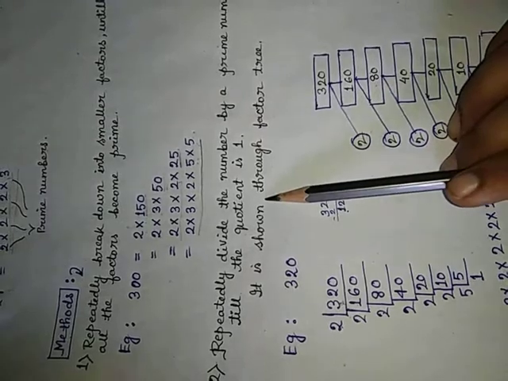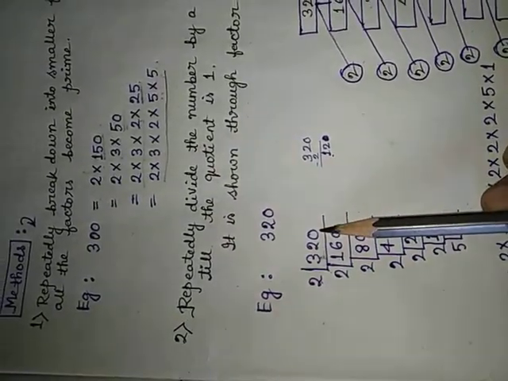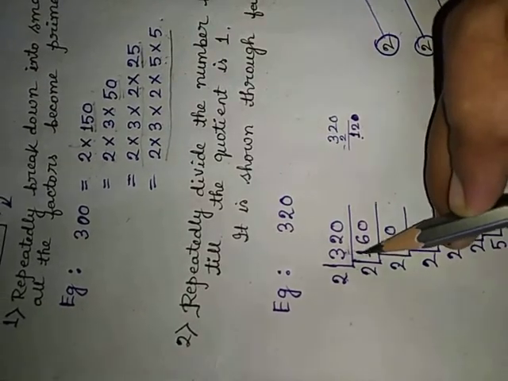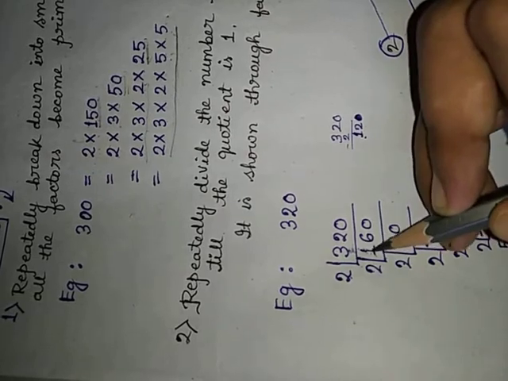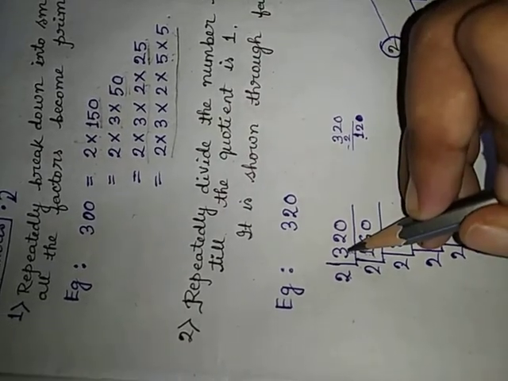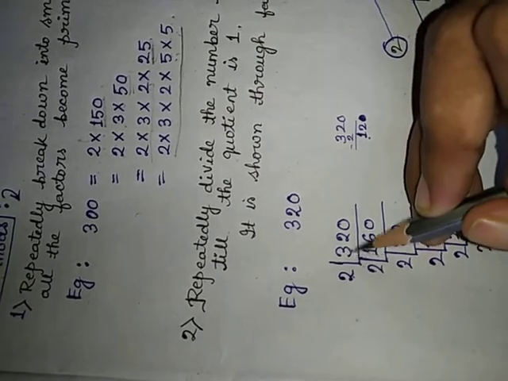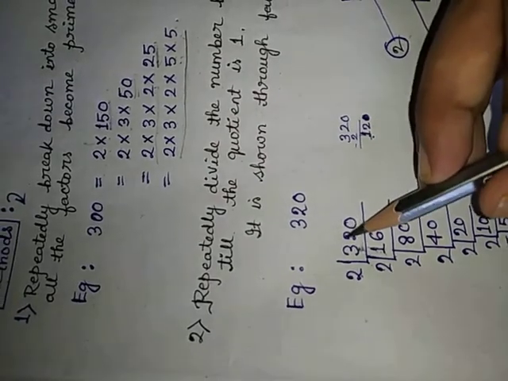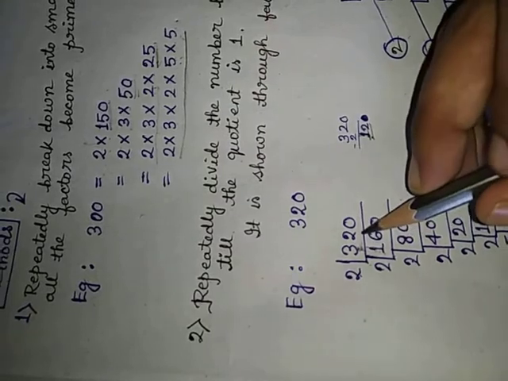It may also be shown through a factor tree. See, here 320. First we divide it by 2. 2 ones are 2. 2 twos are 4, so 4 should not be placed here. So 2 ones are 2, write 2 here. 3 minus 2, 1, and there is also 2, meaning 12. 2 6s are 12.